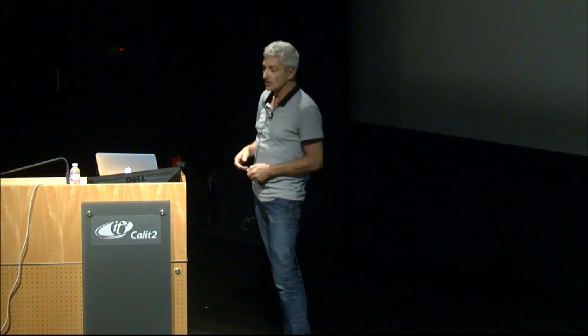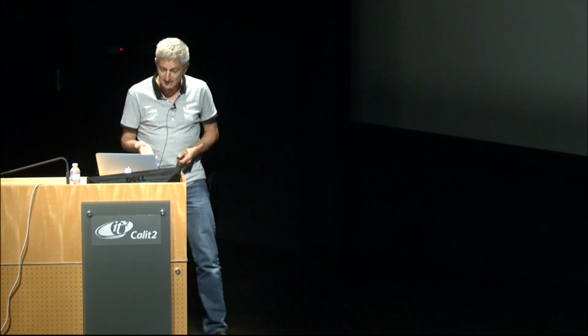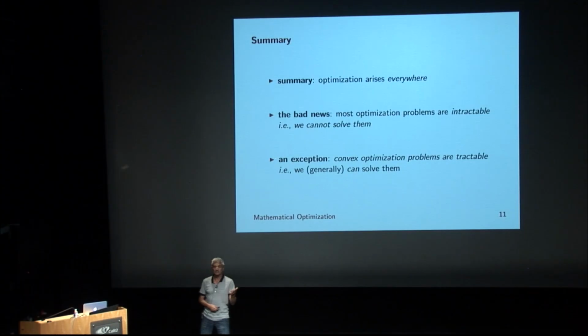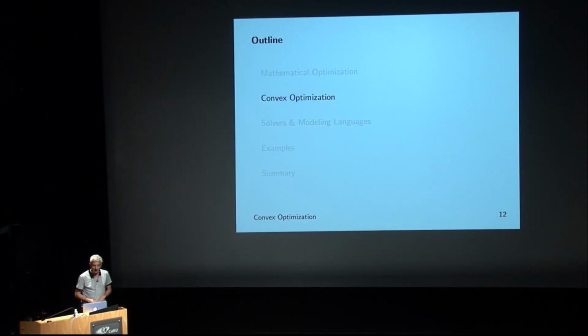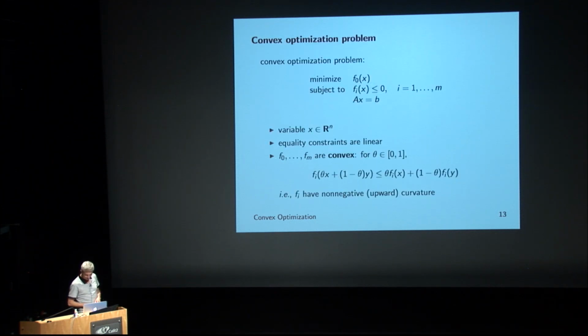It turns out for many applications, this is just fine. If you're at a hedge fund and it's doing well, you're not going to worry at night that you haven't found the global minimum. What you are going to worry about is things like, is the model changing? That's the thing you're going to worry about. Okay, so that's the overview of optimization, and now we're going to talk about convex optimization.